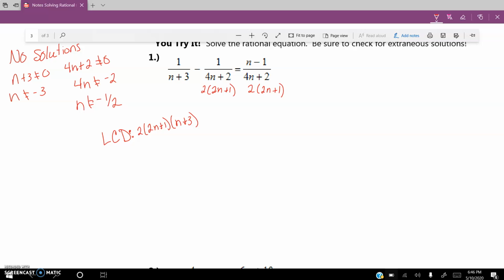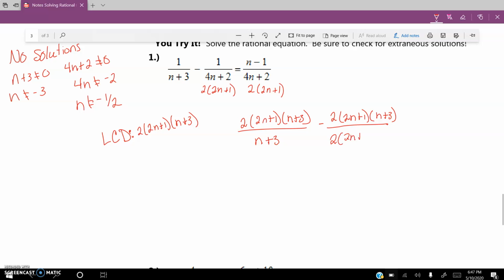So I multiply each numerator by this. So 2n plus 1, n plus 3, all over n plus 3, minus 2, 2n plus 1, n plus 3, all over 4n. Let's leave that in its factored form.